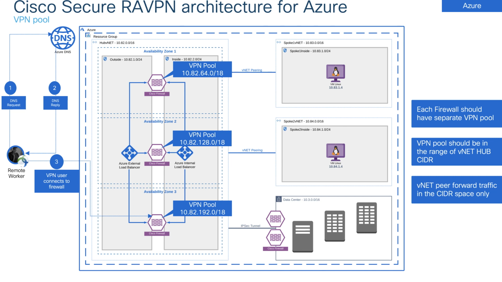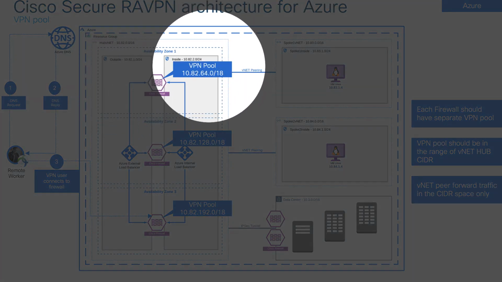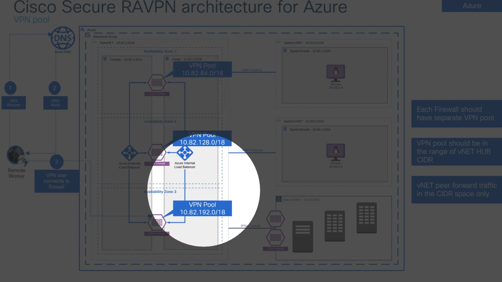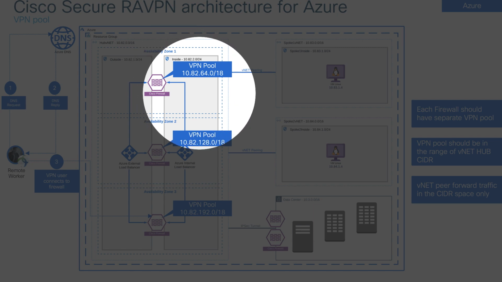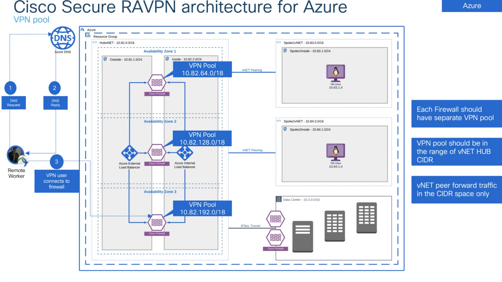An important thing here in Azure is, if you have VNet peering, you need to make sure that all the VPN pools that you define here are part of the CIDR range. Otherwise, that traffic will not flow through your VNet peering. So that is really important to understand and keep in mind while creating your VPN pools.